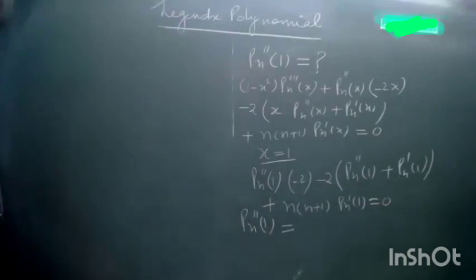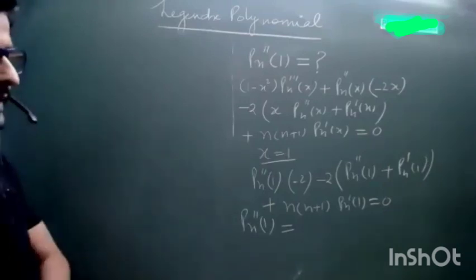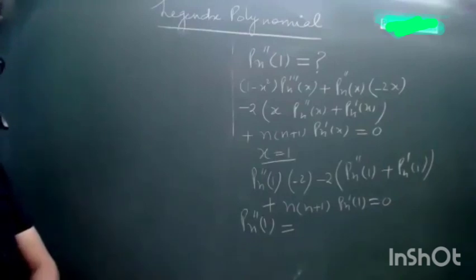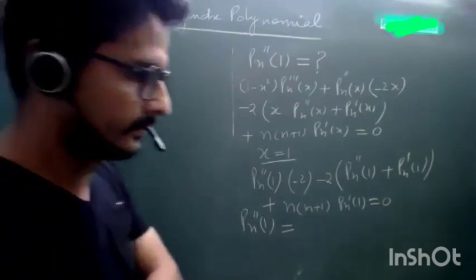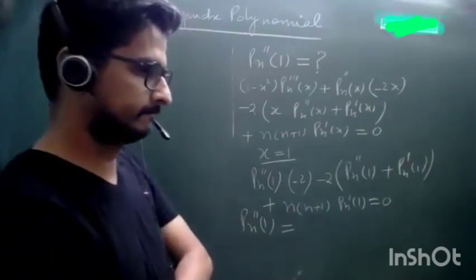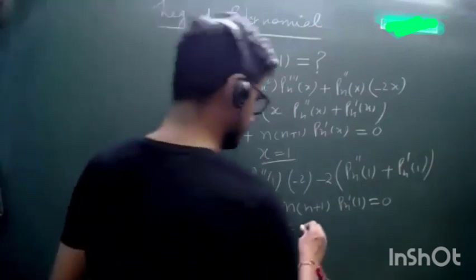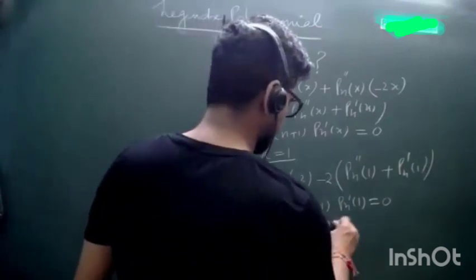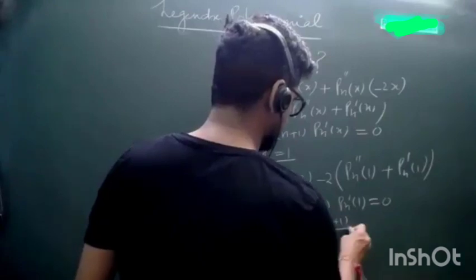Sir, n square plus n minus 1 by 2. Anybody else? So n into n plus 1 over 8, that's whole into n plus 1 into n minus 2.